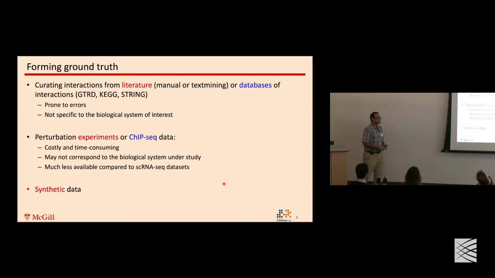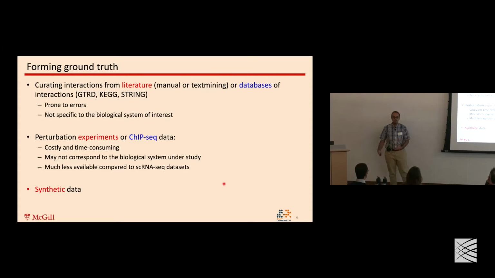So a third option that has been used from early days of this type of problem is synthetic data. And whoever has worked with method development is familiar with this idea of using simulation to test whether their method works well or not. The challenge there a lot of times is that the insights that come out of it will rely on how well you have been able to simulate the data.